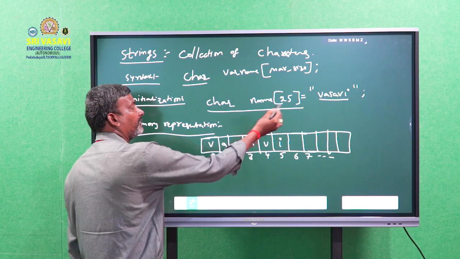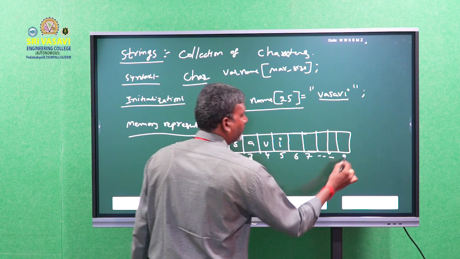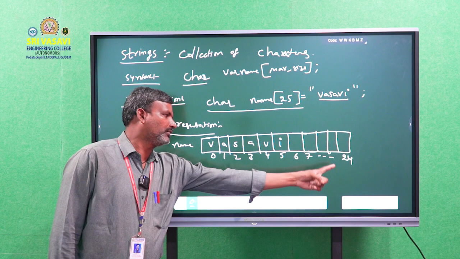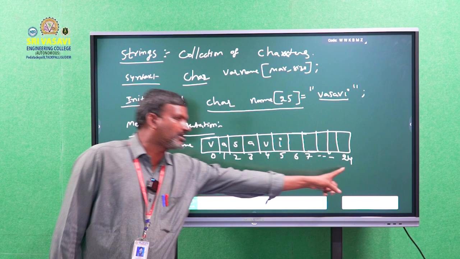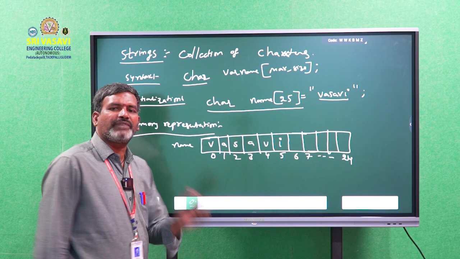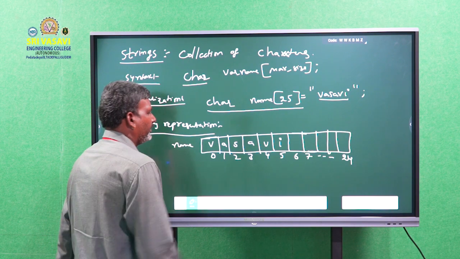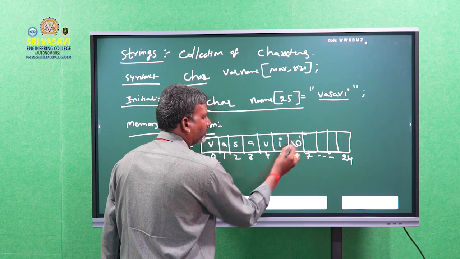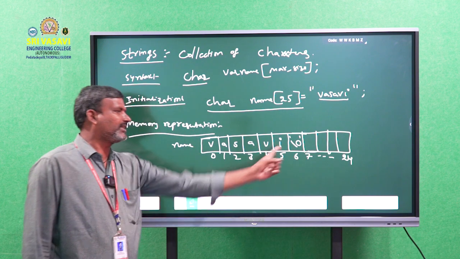The maximum size of the variable name is 25, so the last index position is 24. Why? Because the index number starts from 0. The difference between a normal array and a string is that every string ends with \0.